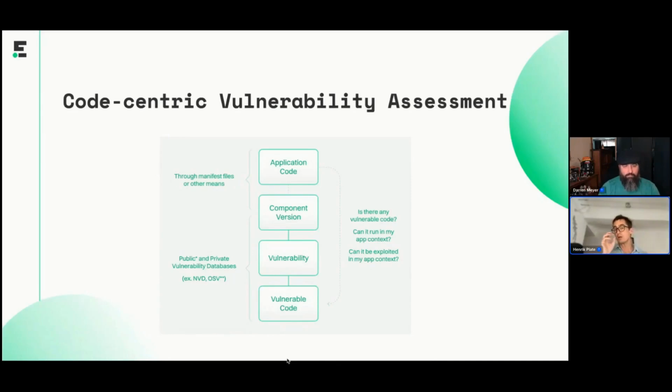Once you're sure about the component version in use, you can go from there to the vulnerability, because vulnerability advisories typically say which are the components and component versions affected or not affected by a vulnerability.